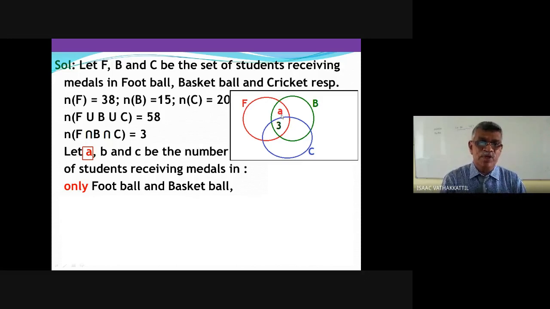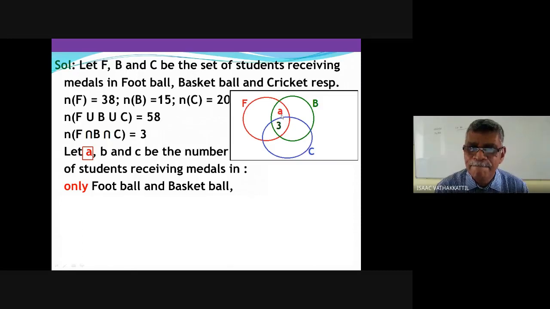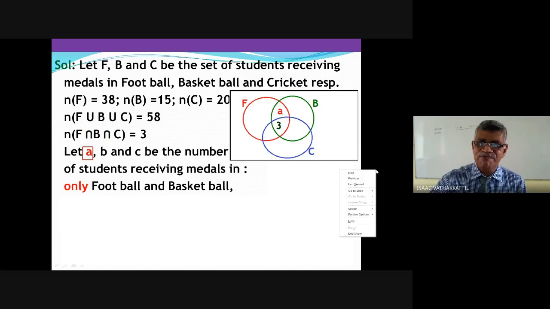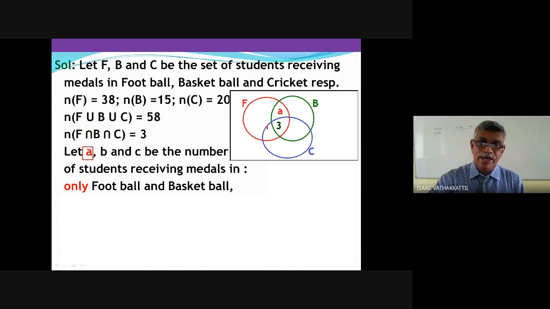Can you tell me, according to my assumption, what is number of F intersection B? It is A plus 3.